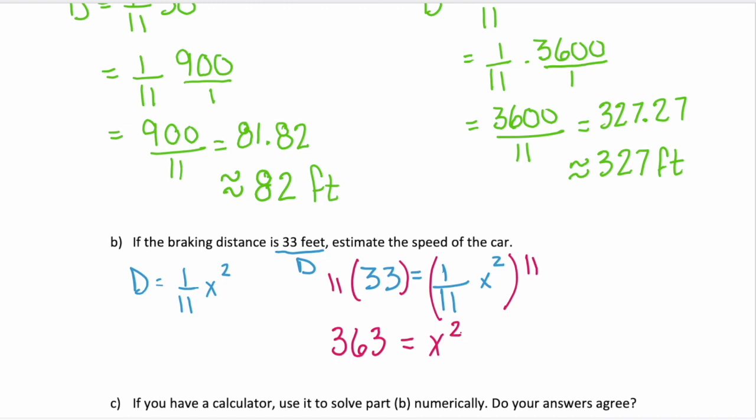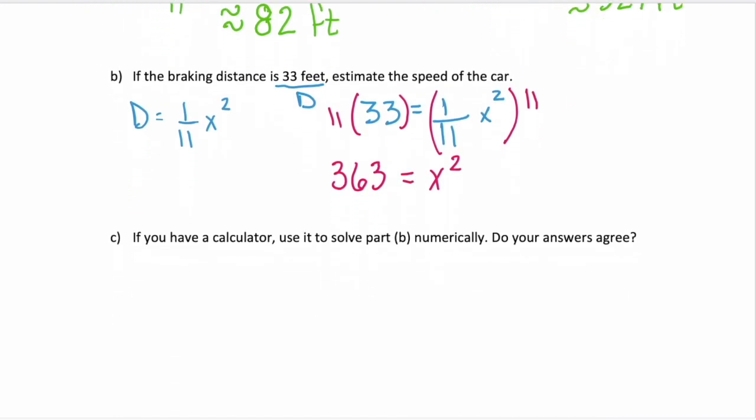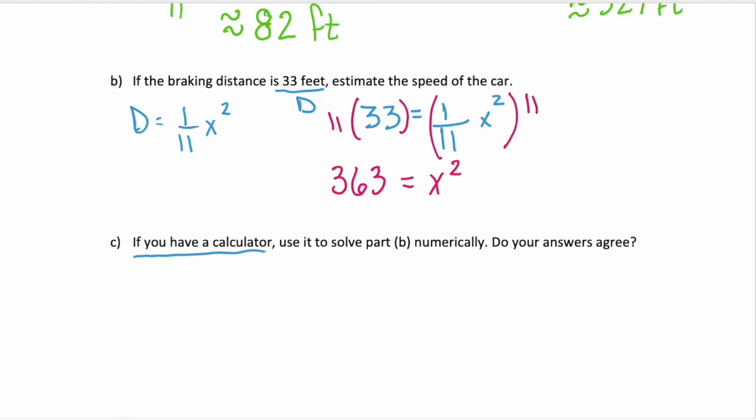Now, before we finish this, notice that part C is asking if you have a calculator. Well, I sure hope you're using a calculator in this class because it's going to make it that much easier. So we are going to use a calculator for part B. So our answers should agree. So we have 363 equals x squared.